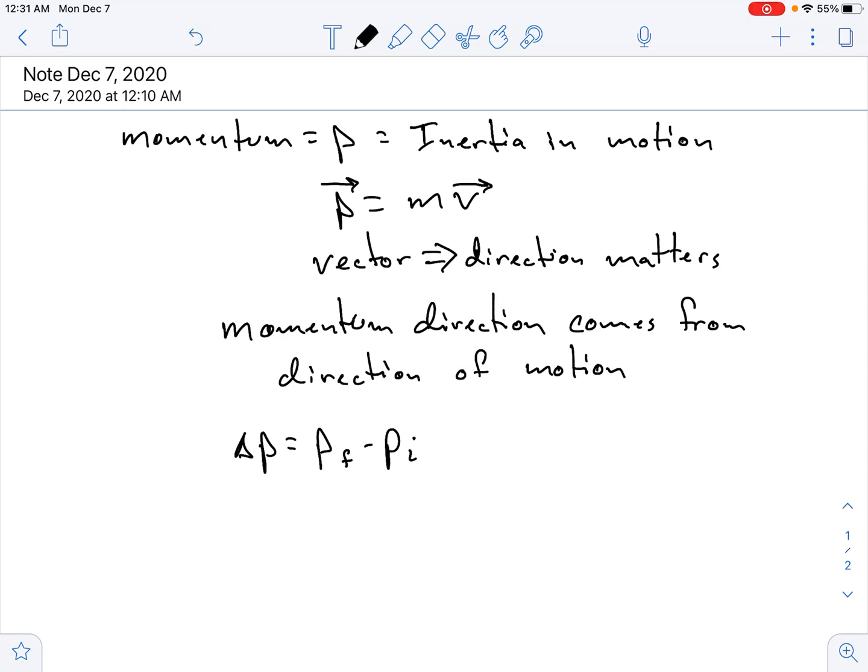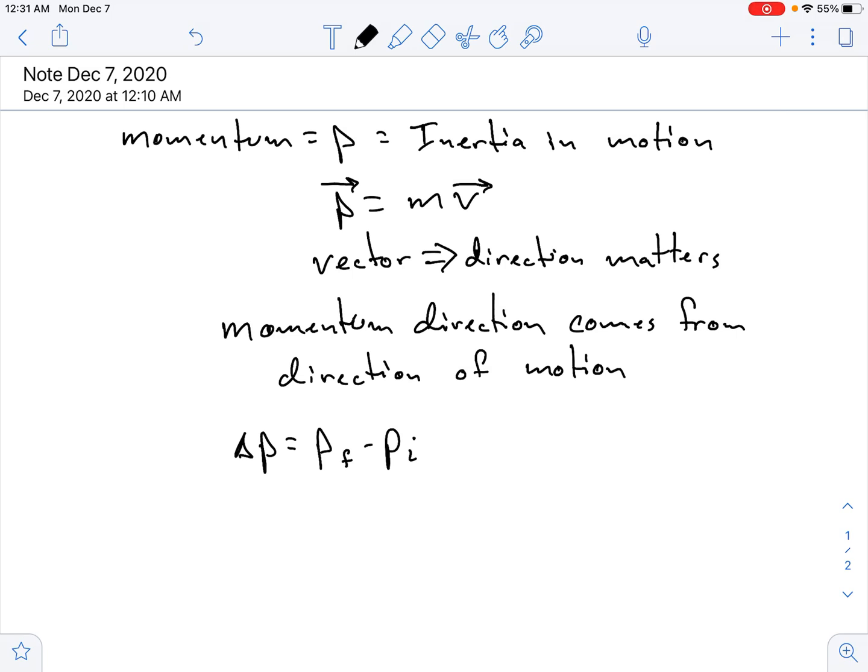Now, there's a couple of different things that we want to point out when we're dealing with change in momentum. Basically, one, the sign is going to matter. If I change my momentum in the direction I'm already moving, if I gain momentum, my object is going to speed up. If I lose momentum, that means my object is slowing down.